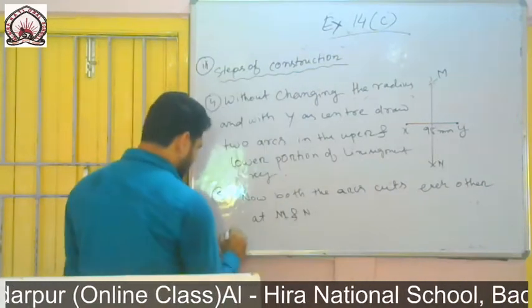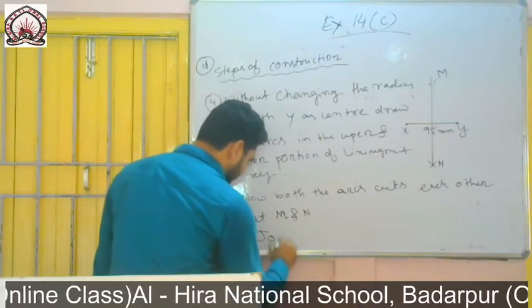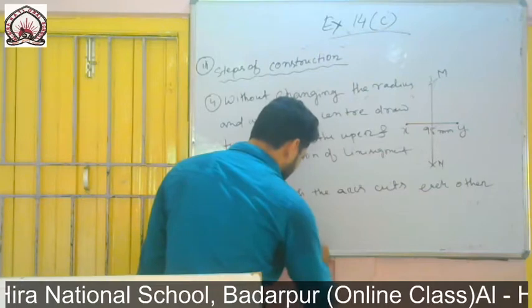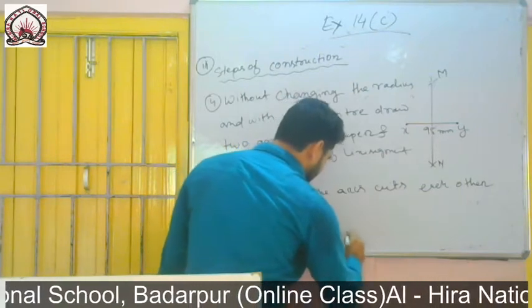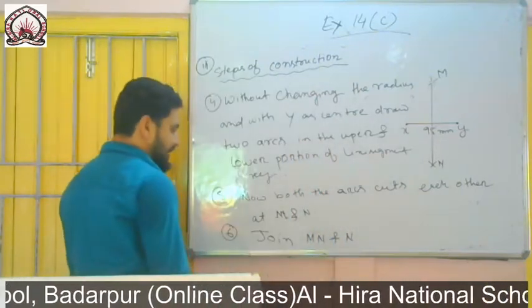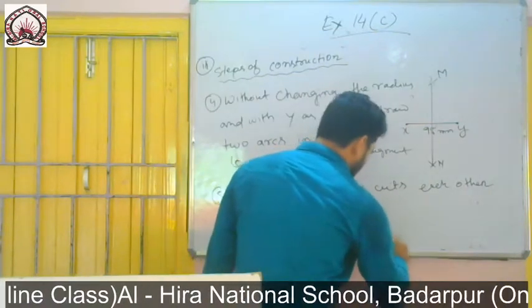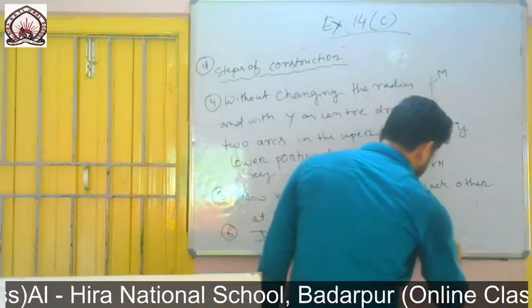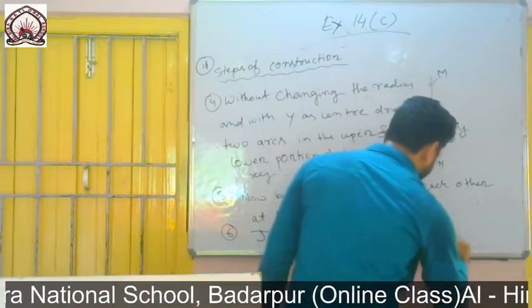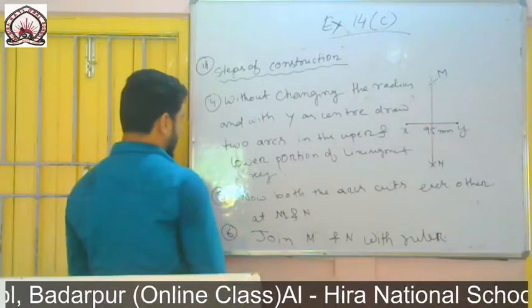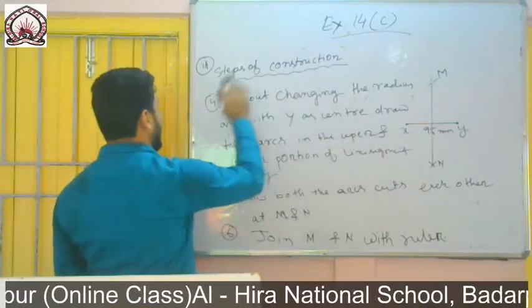Okay, number 6, join M and N with ruler. If you join, then you will get the perpendicular bisector.